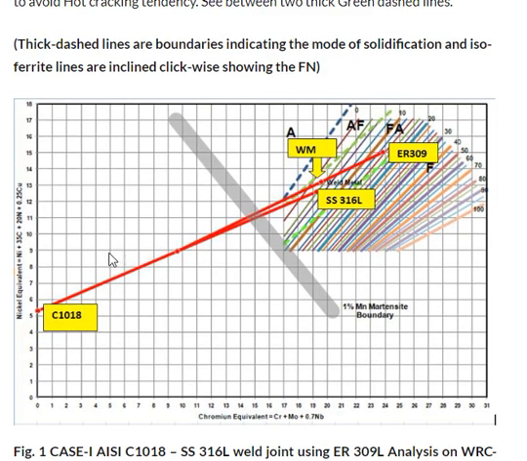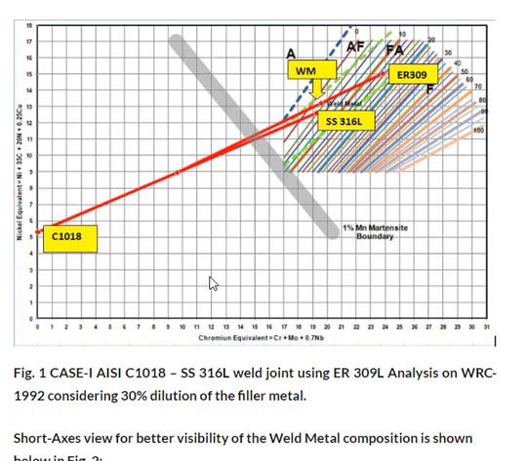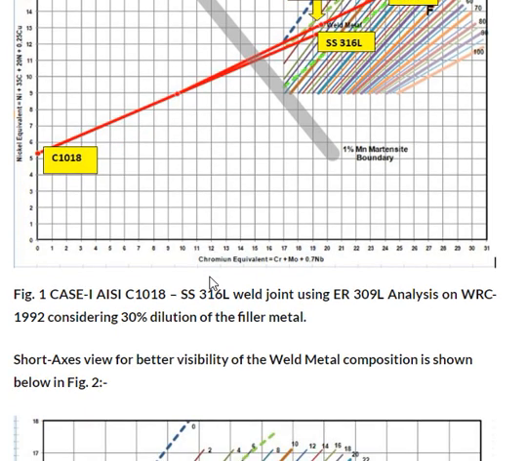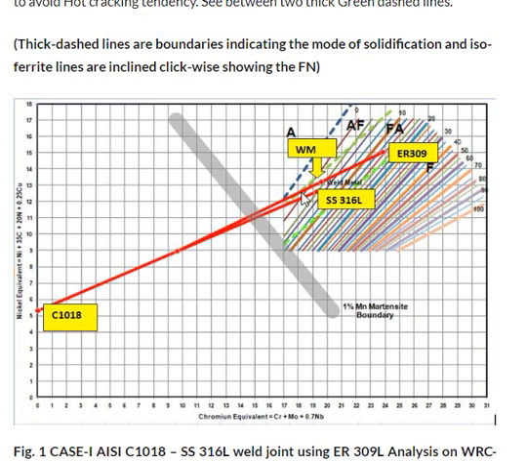You can assume that when we make a joint between AISI 1018 carbon steel and stainless steel 316L, we can consider 15 percent dilution from each base metal, and the chromium equivalent and nickel equivalent of all, the two base metals, base metal 1, base metal 2, and the welding filler metal are plotted on this WRC 1992 diagram.